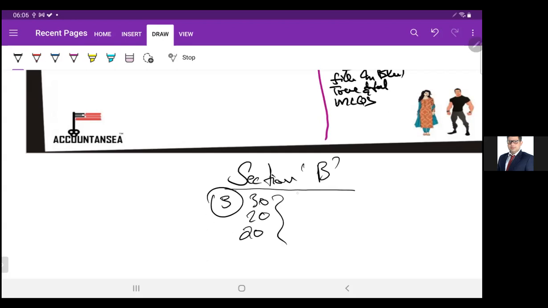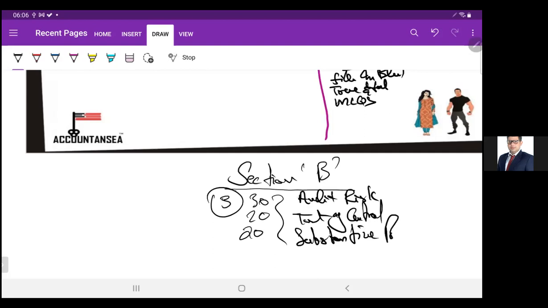In this, you will definitely get audit risk, test of controls, and substantive procedures from any area, and you will also have other areas. All right, so that's the exam format.